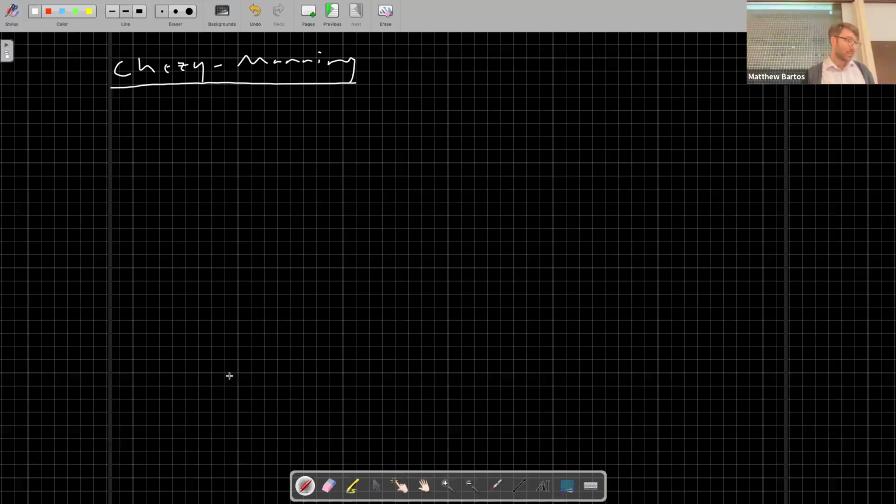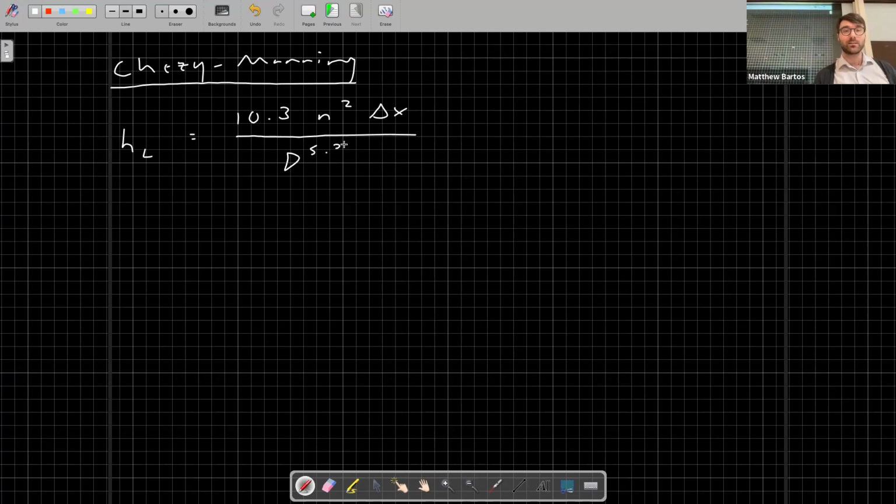So let's write that down. Our head loss is equal to 10.3 times the Manning's roughness squared times the length of the pipe divided by the diameter to the 5.33 power, all times Q squared.